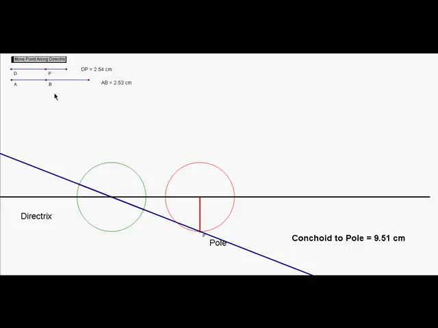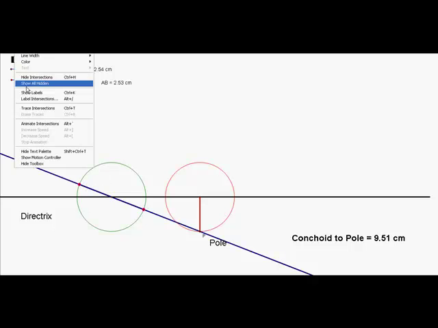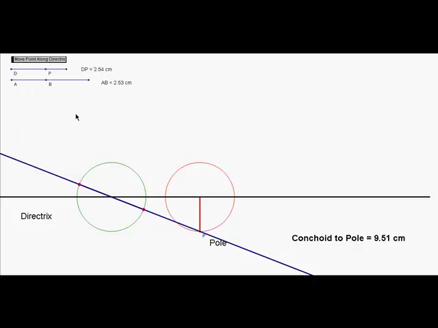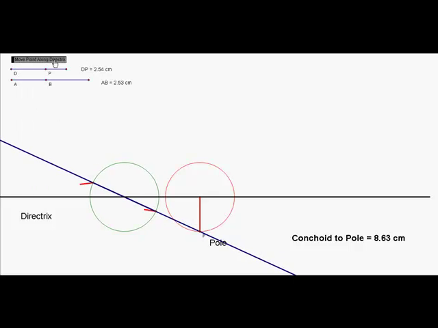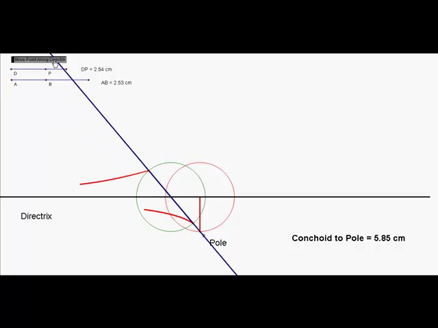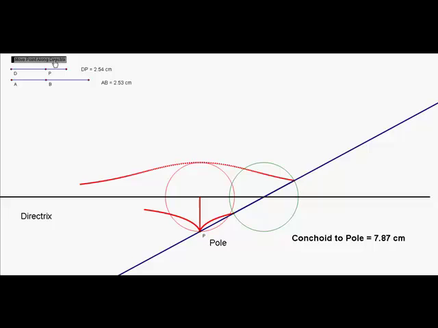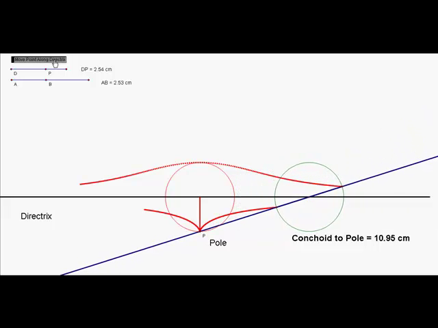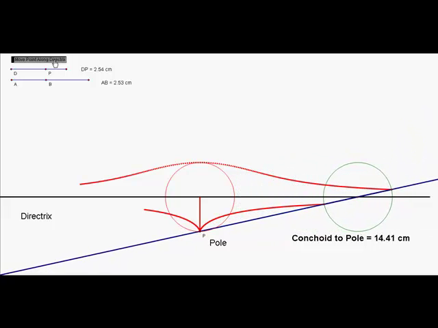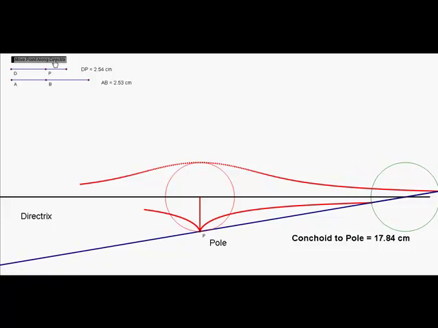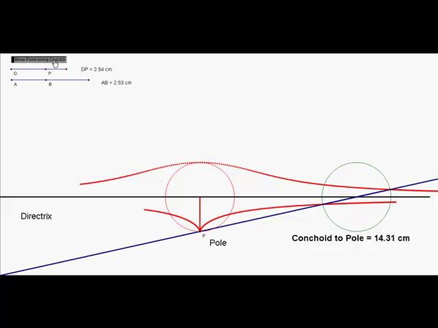Can't quite get close, I'm a pixel off, but let's highlight the two endpoints, display a trace on the intersections, and see what happens to the curve. Notice that when the diameters are the same, we've lost that attractive little loop at the bottom, and instead the curve is just cusping at the pole.